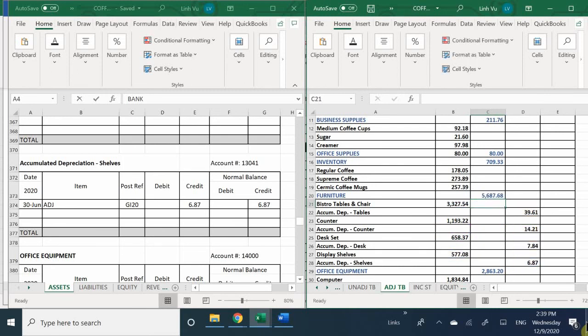Yes. And what do you get? $5,687.68. Okay, so that's going to be reflecting your total book value. We're just doing it this way so we don't have to go back and forth to our depreciation table. This is how you solve for that.